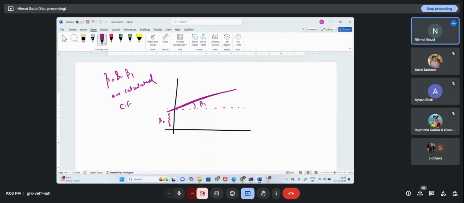So it totally depends upon the data you are having, x and y. Because you perform d by d beta naught and d by d beta 1, and you equate them to 0.